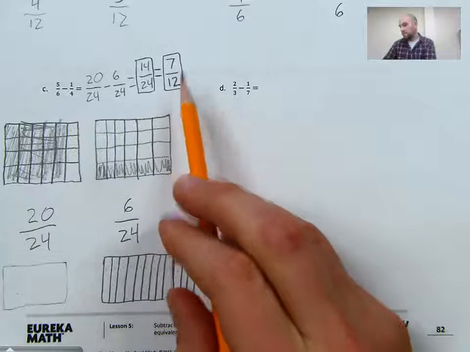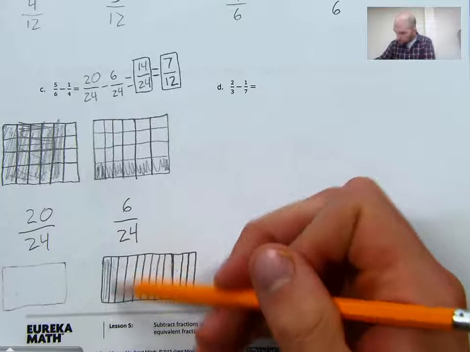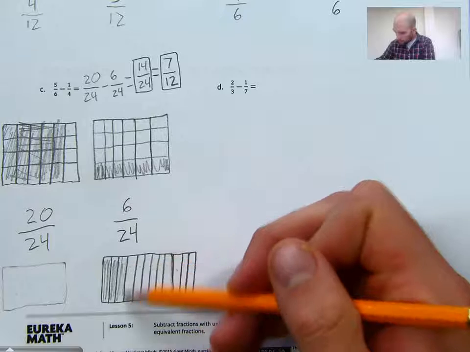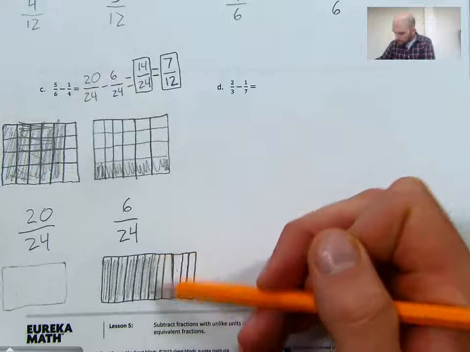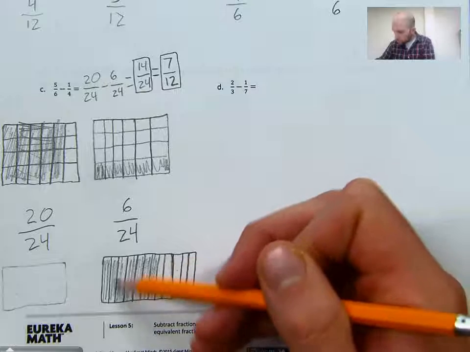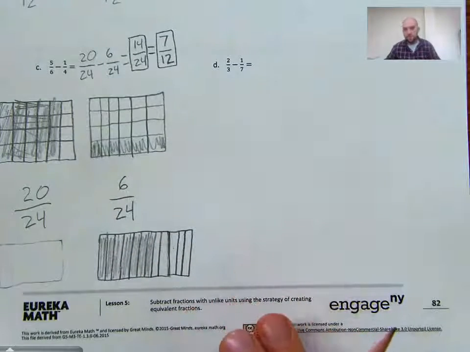I have 7/12ths. 1, 2, 3, 4, 5, 6, 7. Right? I have 7/12.